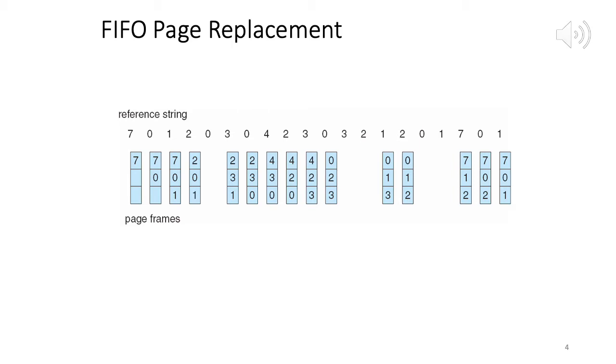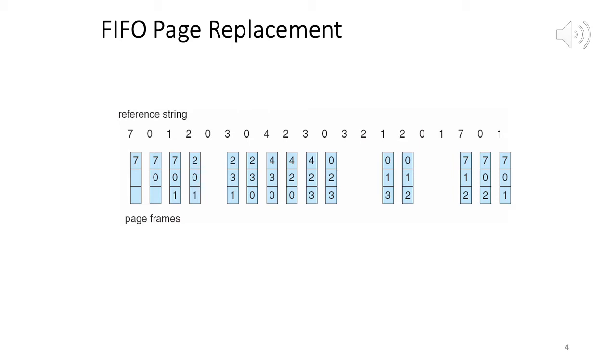In this case page 7 would be allotted to frame 0. The next reference is for page 0, not in memory, so another page fault. Third is for page 1, again not in memory, another page fault. So far we have how many page faults? 3.